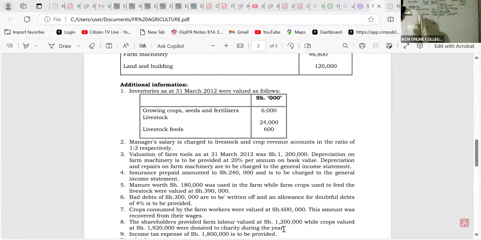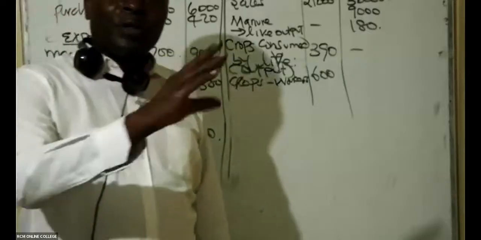So in this case, the shareholders' labor is very general because it's not specific to any biological asset. So you shall not bring it here. But you can see we have crops that were donated. This is very specific to a biological asset. Crops valued at 1,920. These donated crops are something getting out of our system.